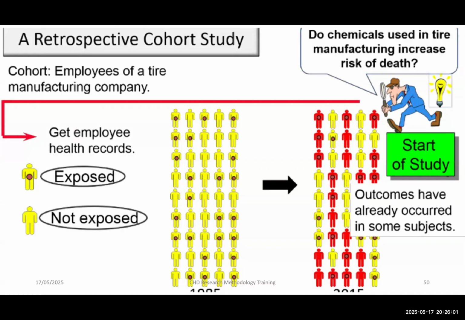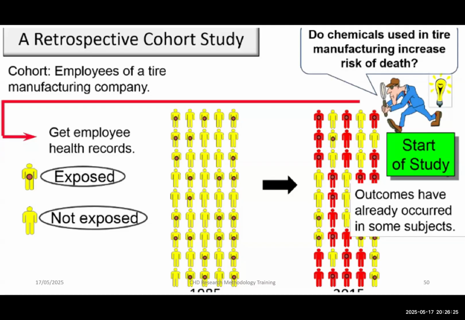In case control, you don't even know when what happened. What you're just doing is getting your cases and your controls. Were they exposed? Were they not exposed? But your interest starts with the cases, the disease, the outcome measure. In a cohort generally, your interest is the exposure.